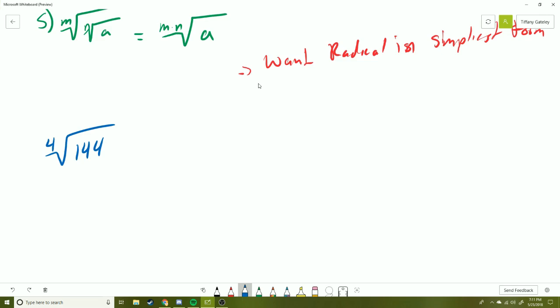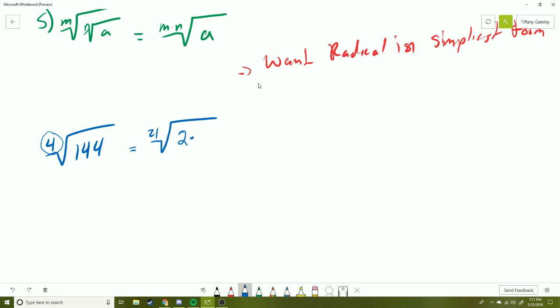So let's break this down. Also, the bigger the root, the smaller the number will probably be. So we want to start with 2. So you're basically using a factor tree. We're going to be factoring this down.